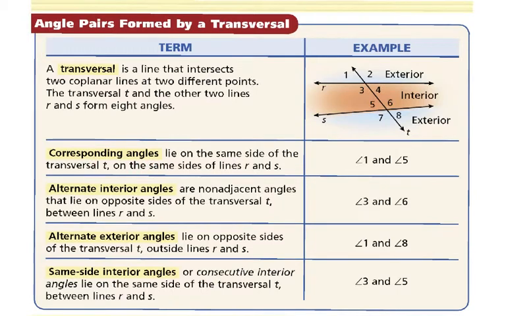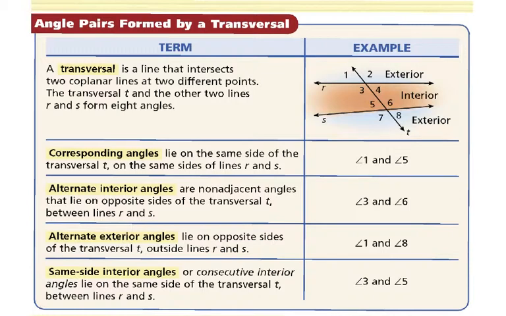So in this figure, we have this side of the transversal, I'll call this the left side, and then this side of the transversal, which is the right side. Now, depending on your figure, you can angle it differently, and it could be the bottom of the transversal and the top of the transversal. Just corresponding angles lie on the same side, okay? And then these 2 angles are in the same position.